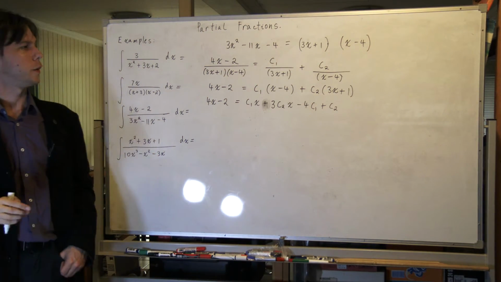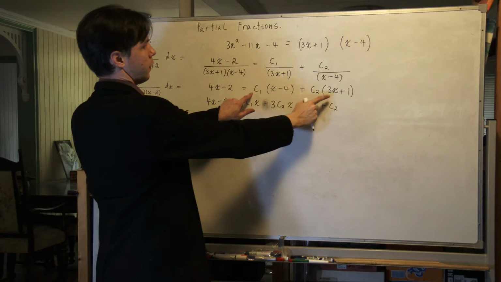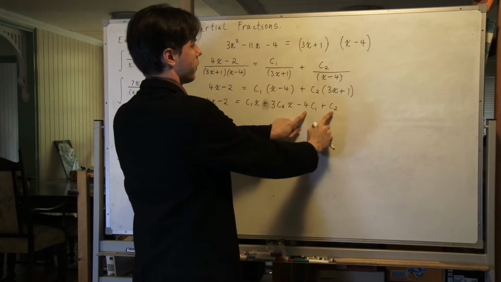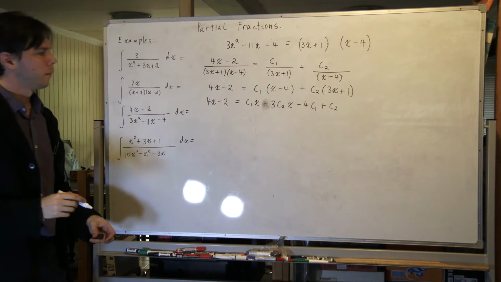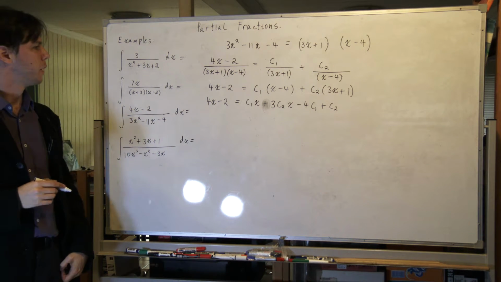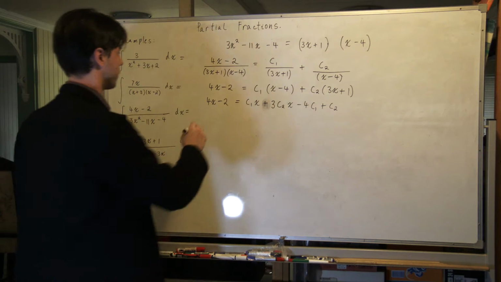And I've rearranged it. So I take the two x terms here, two constant terms here, and then I can take out the factor of x.